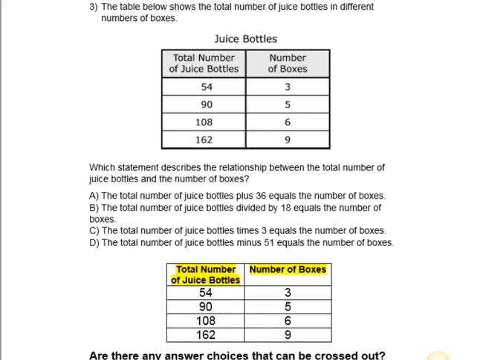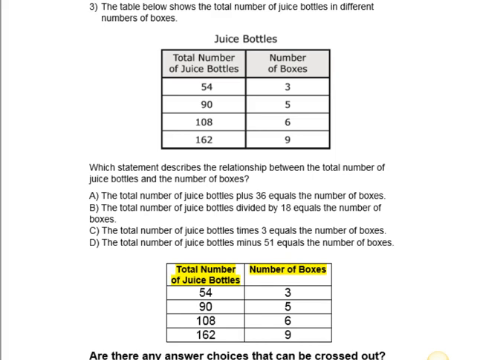For C, the total number of juice bottles times 3 equals the number of boxes. All we need is really the first line to look at, and if we can say yes to more than one answer choice, then we look at that second line and check, does that answer choice meet it as well?